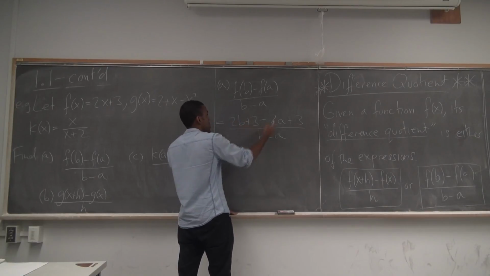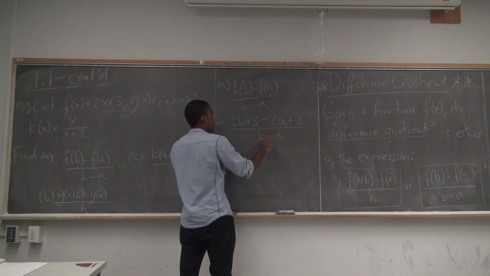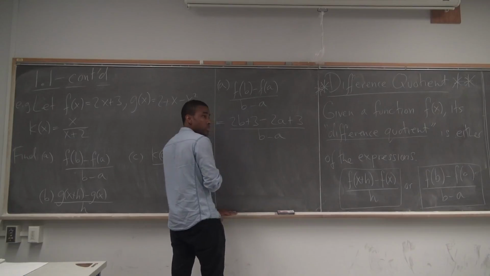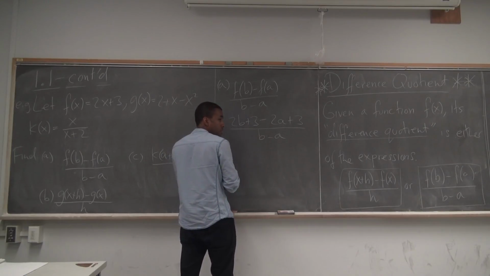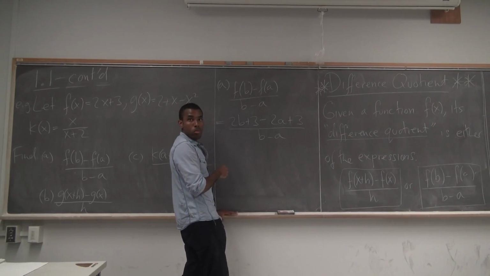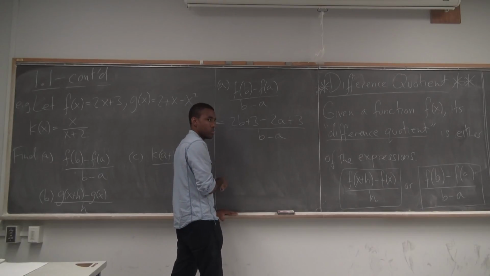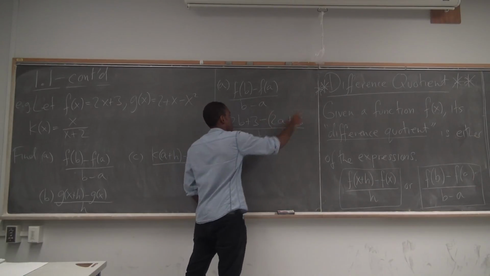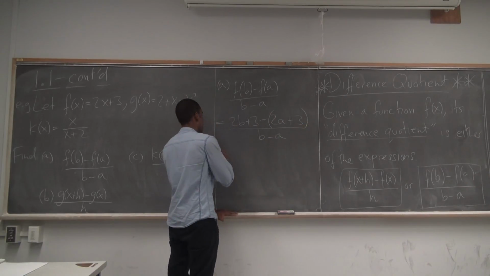So this is your f of b, that's your f of a, all over b minus a. Is that fine? No. What's wrong? You have a negative in between those, so you have to close parentheses and change the sign.